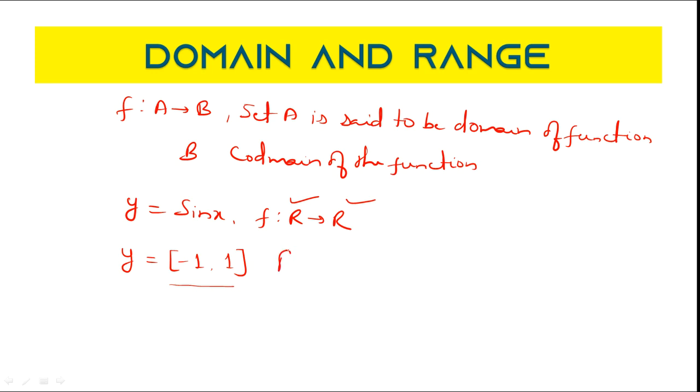So obviously, I must write: range is a subset of codomain. Why? Because the codomain is the set of real numbers, and the range is all the real numbers in the closed interval -1, 1. So range is a subset of codomain, right?